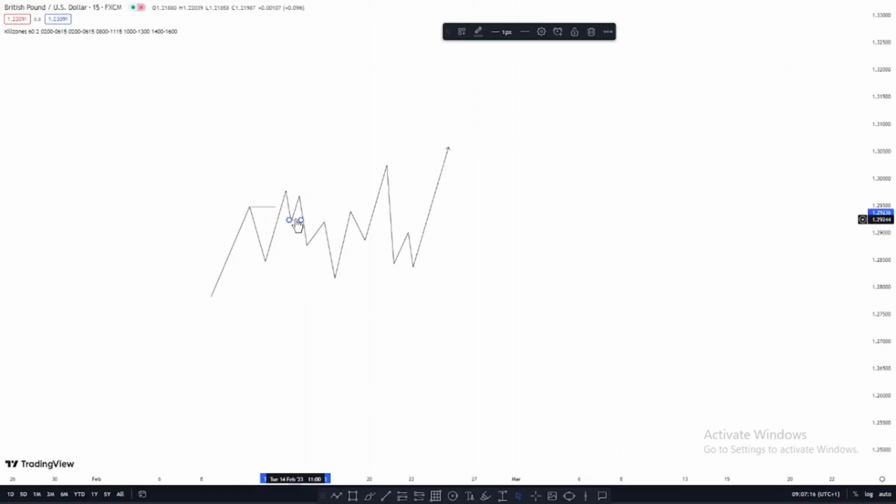The next point they look at as break of structure is here. They look at this point as break of structure. And therefore to them, when price has broken this structure and broken this one to the downside, it means that this uptrend has changed, and therefore we are now in a bearish structure.